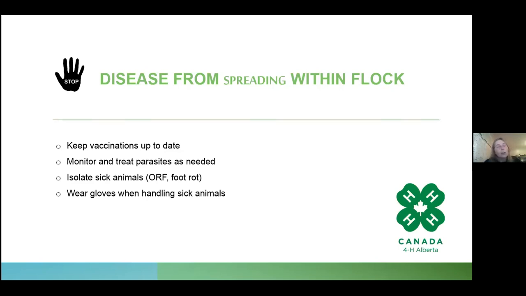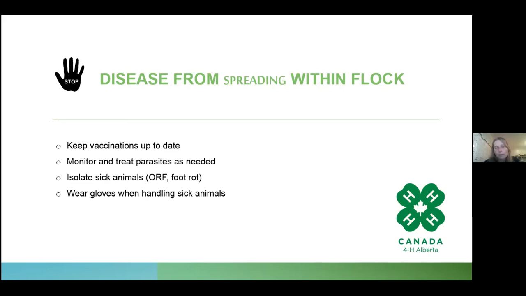Infectious, we didn't talk about it, but some of the different abortion diseases, again, we want to prevent young stock maybe from being exposed. If an animal's sick, if it has foot rot. Another disease we didn't talk about is CL. Again, we want to isolate some of these so we don't contaminate our environment and we don't make other animals sick.